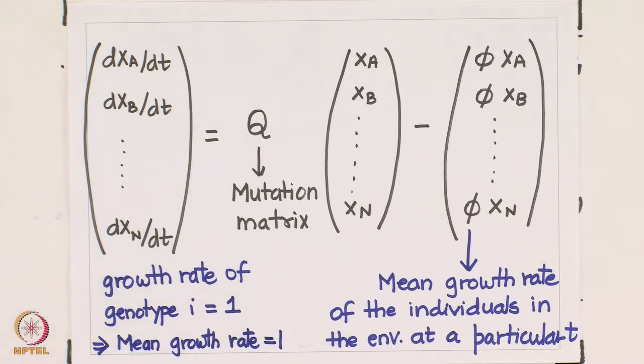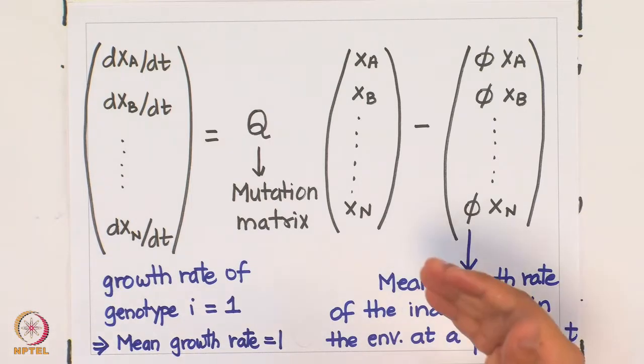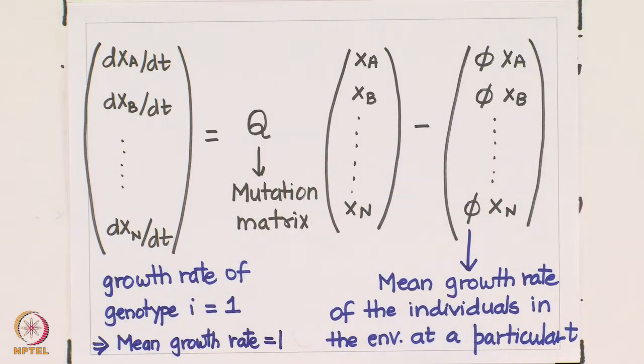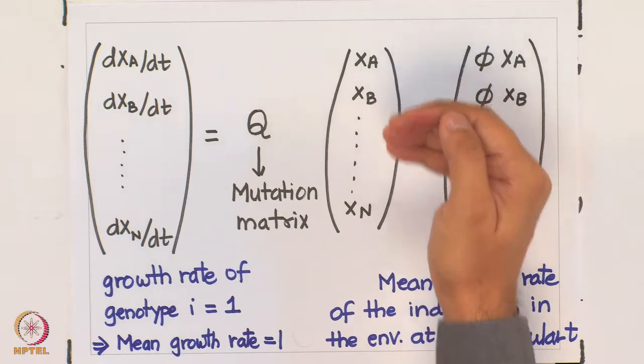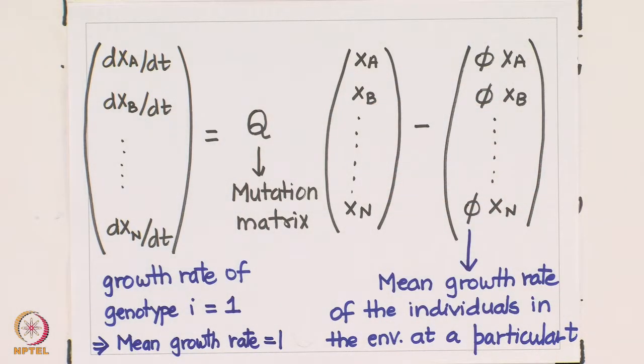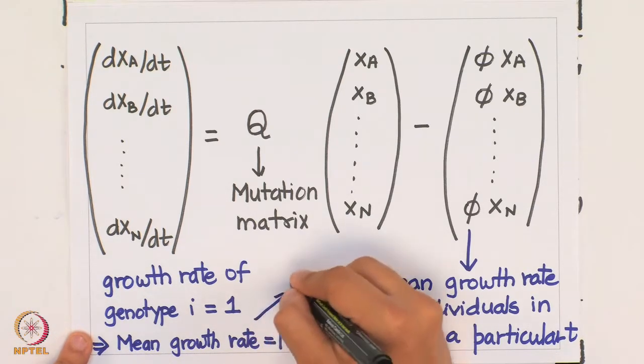And this mean growth rate equal to 1 is independent of the composition in terms of the vector x at any particular time t, because no matter what the composition of the population is at any time t, every single genotype is growing at a growth rate of 1, and hence the mean is always going to be equal to 1. So phi for our case is equal to 1.